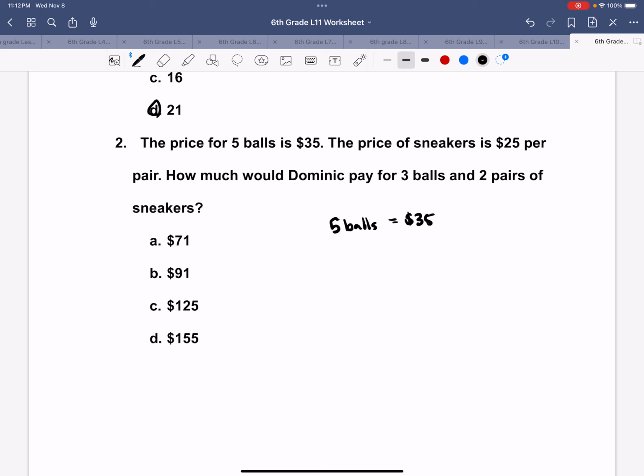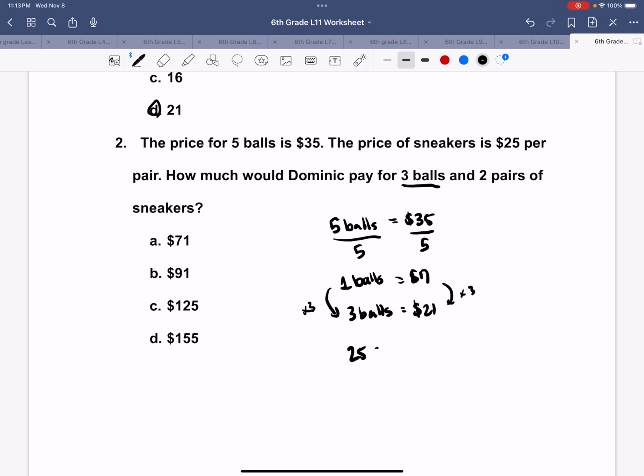So 5 balls equal $35. So we just divide both sides by 5 to get 1 ball is $7. And with that, we can just put 3 here because we want 3 balls. So we multiply by 3 and we'll also multiply by 3 here.